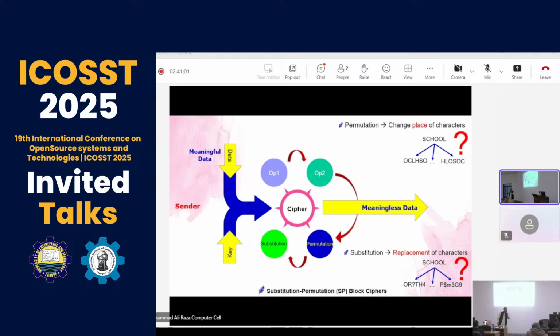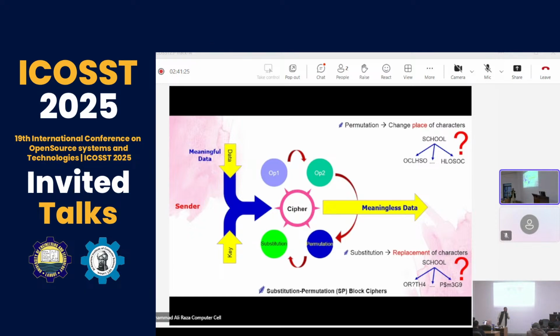Is it possible that the attacker is able to get the original data, school? Is it easy? Yes. He will change the place of the characters, and at some point he will be able to get school. School was our original data.